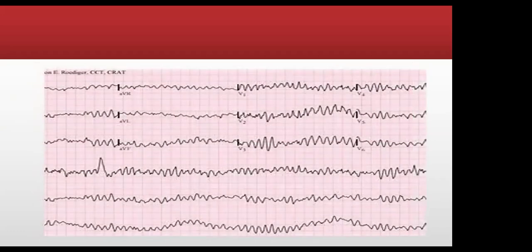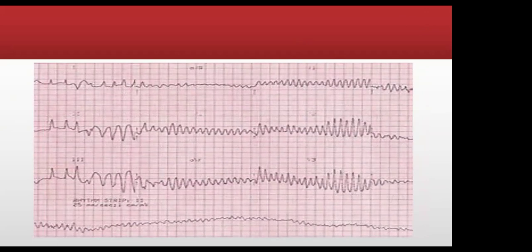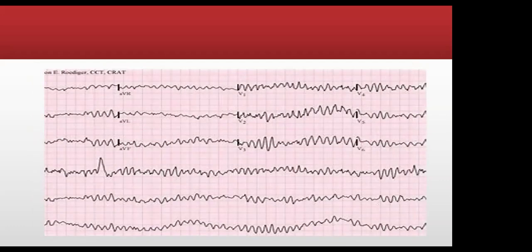Is there any difference? They all look like torsades. What is this? This is looking more like torsades. This one, well, it's looking like torsades.